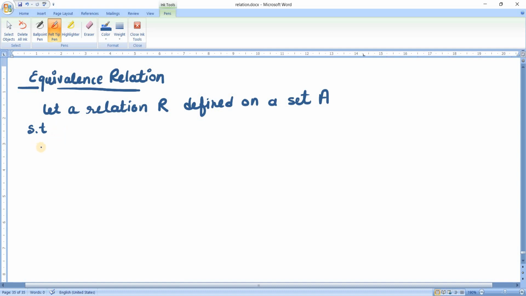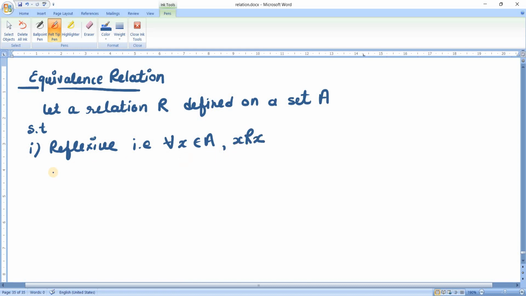Property number one, it is reflexive, which means R has to be reflexive. We have already seen what is a reflexive relation, which means for all x that belongs to set A, x R x is true.